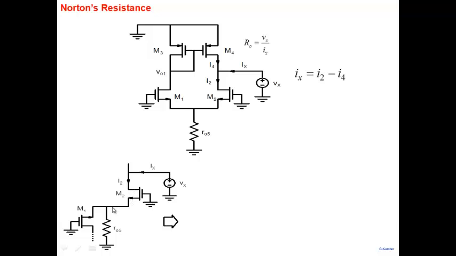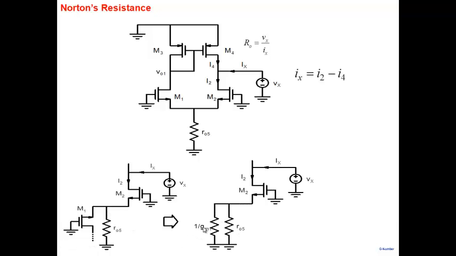When we come to the source end here, we have R05, of course, and then we have the resistance looking into M1 here. When you look into the source of M1, what you see is a resistor which is 1 by GM1, and that's much smaller than the resistor R05, so you can forget about R05. And the net resistance then looking from the drain side is simply equal to 2R02.